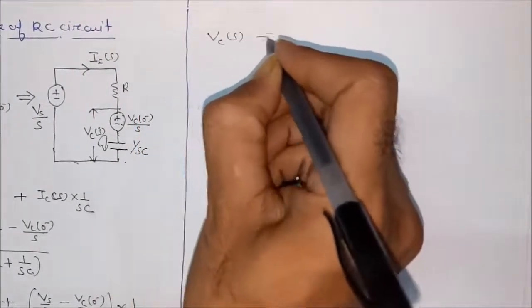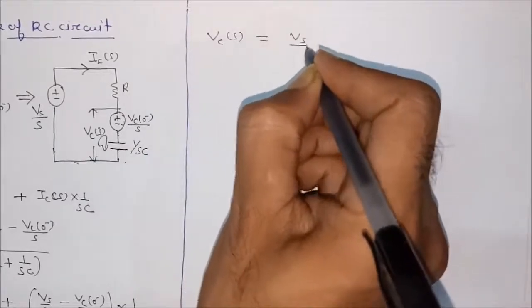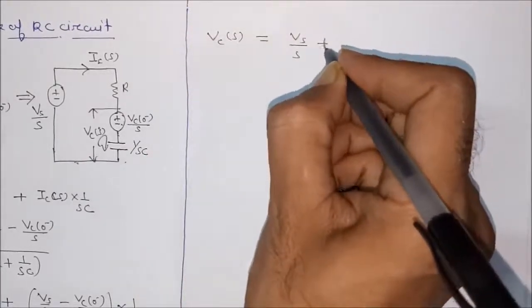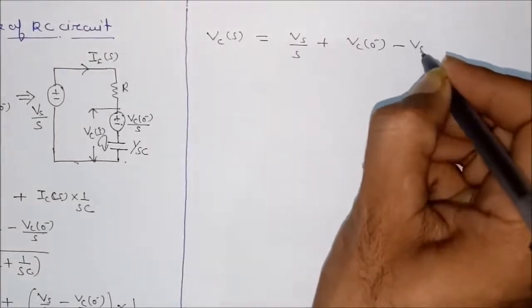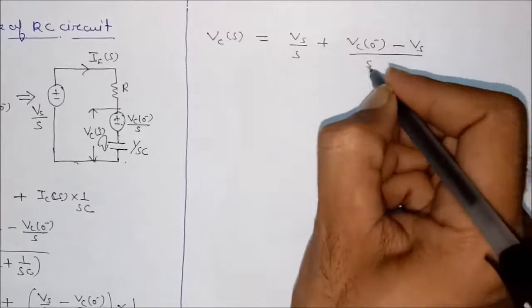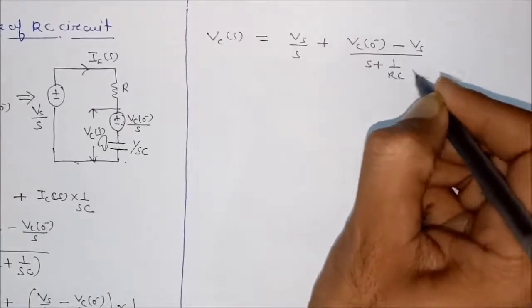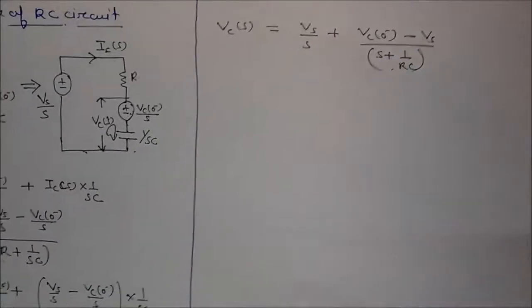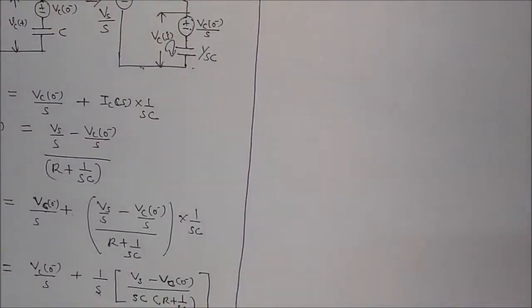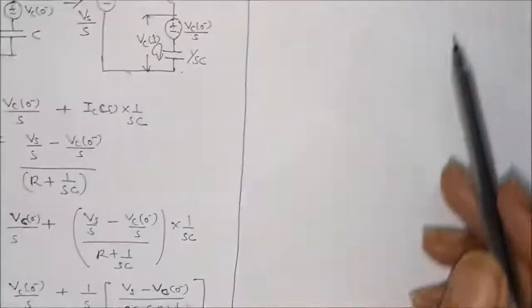Vc(s) is equal to Vs by S plus Vc0 minus Vs divided by S plus 1 by RC. Is it okay? How have I written this? I have taken this one and made its partial fraction. I have got this amount.